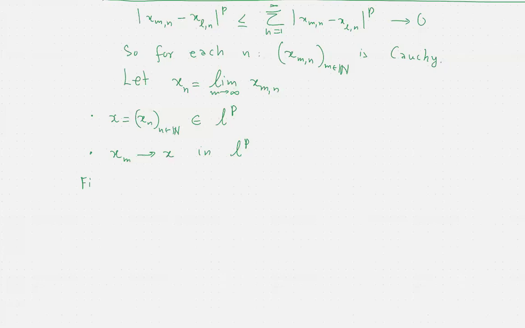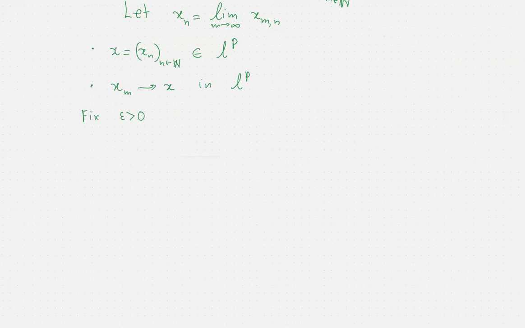Then we have that there exists an uppercase N such that, in previous videos, I think we have called it m naught. Yeah, that's where we start juggling with the indices.